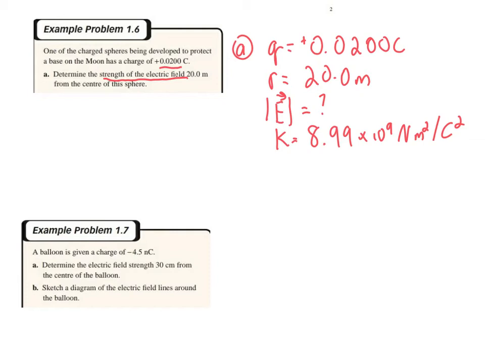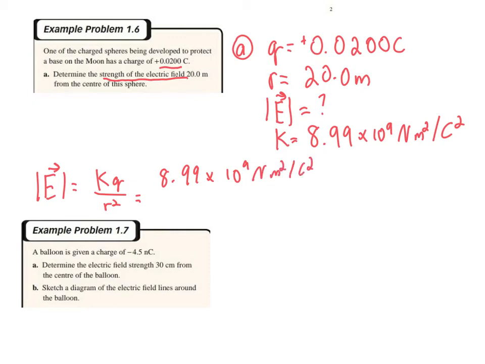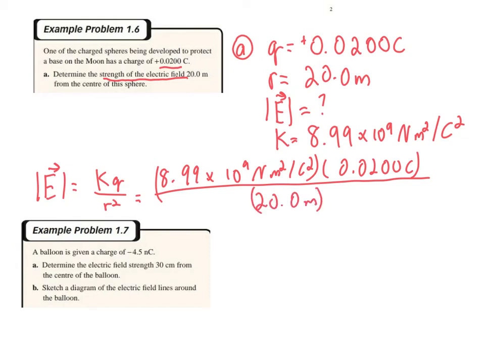And now we again just jump right in and do this formula. So we have the electric field strength will equal KQ over R squared, which is going to equal 8.99 times 10 to the 9 newton meters squared per coulomb squared. We're going to multiply that by Q, which is 0.0200 coulombs, and we are going to divide that by R squared, which is 20.0 meters, and that has to be squared.